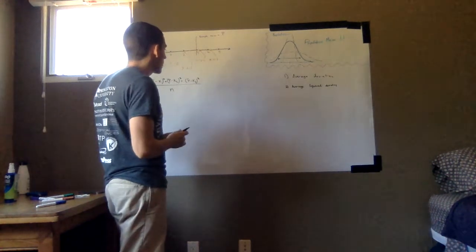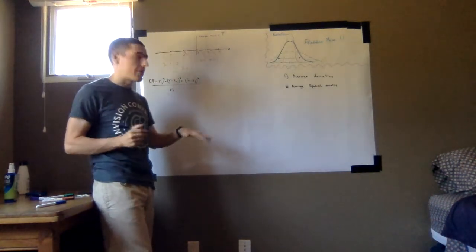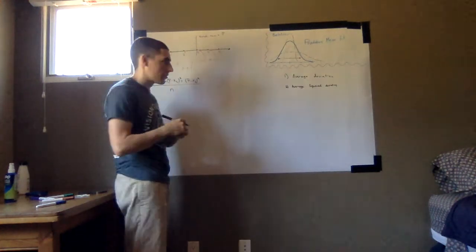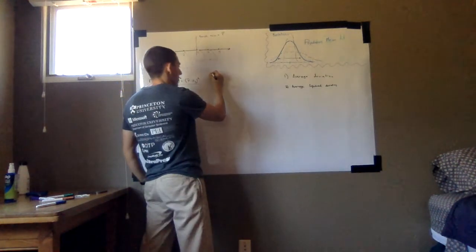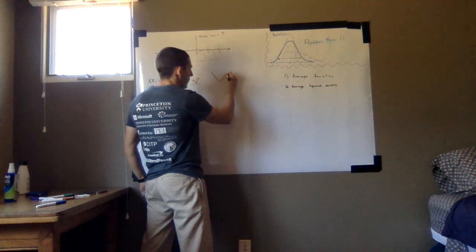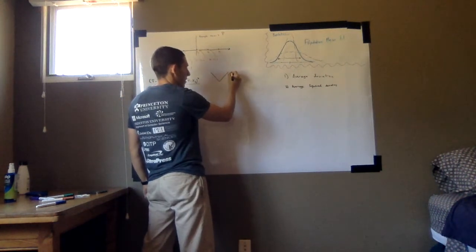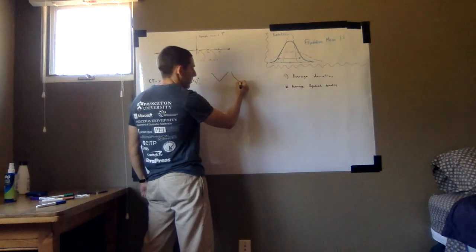The reason historically why we ended up with squaring instead of the absolute value is because it's very convenient to have differentiable functions. The absolute value functions look like these compared to squared functions, which look like parabolas.